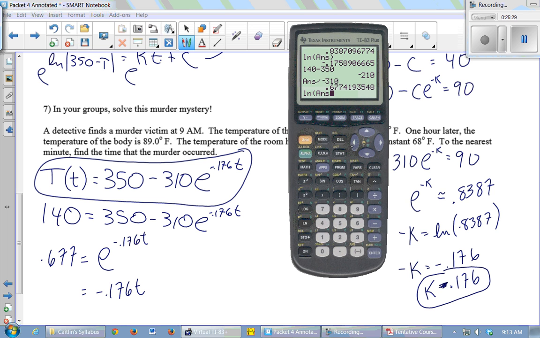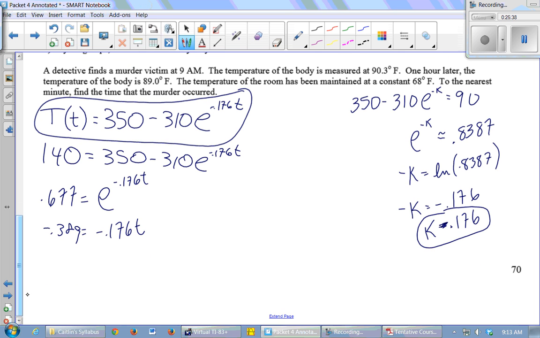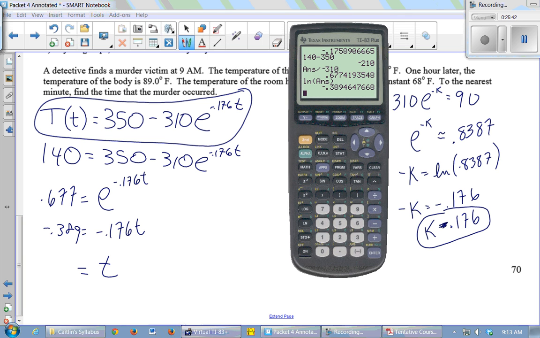Negative 0.389. And then divide both sides by the negative 0.176. That's 2.2 hours approximately.